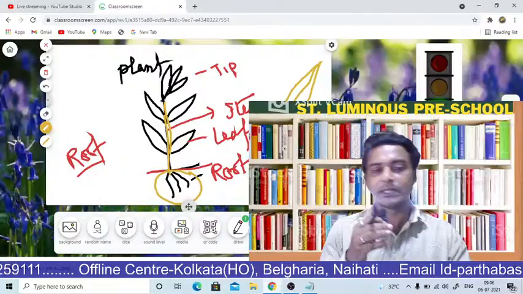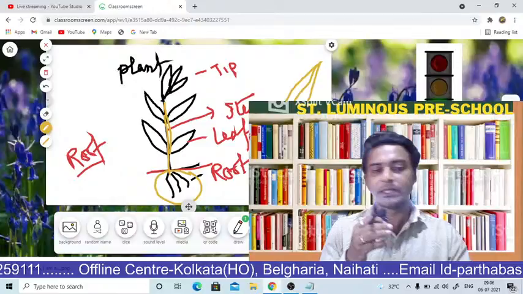All of you look, the leaf has a leaf base. Which portion is called the leaf base?